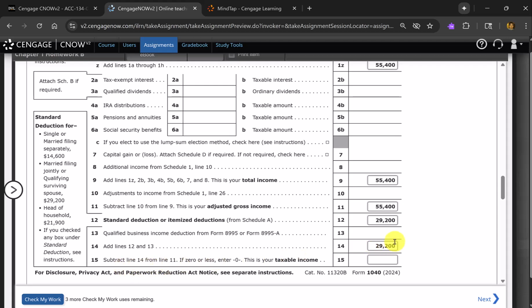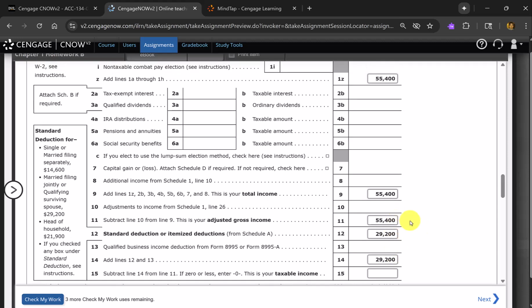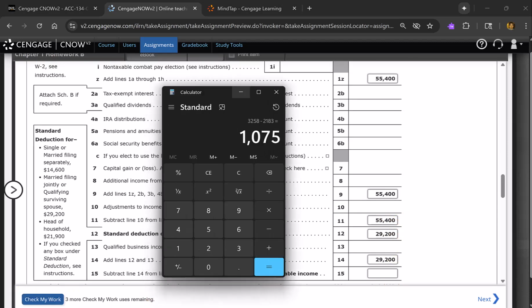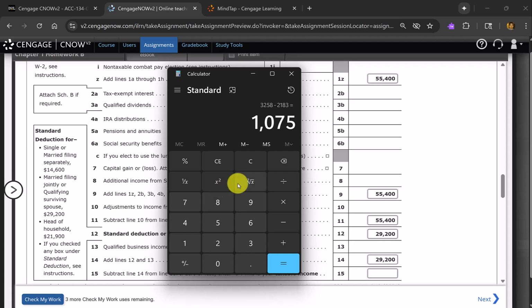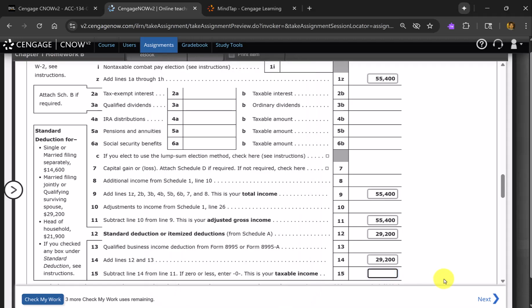I cannot do that in my head, so let me bring up my calculator. Line 11 minus line 14. So 26,200. Let me copy that and I'll paste it here in line 15.